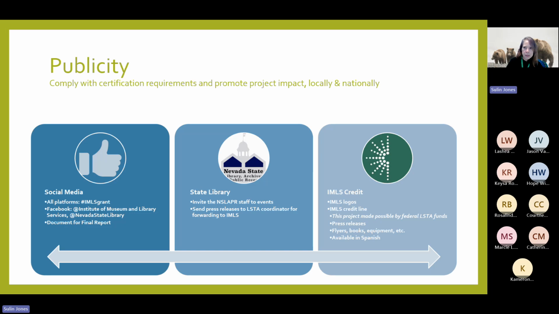Then publicity. This sort of goes with the assurances that we talked about at the beginning. It's the actual implementation of it. If you're going to do social media, we have some hashtags for you. If you are going to do something fun, you can always invite the state library. I'm not sure that we'll be able to travel a lot, but you can invite us.